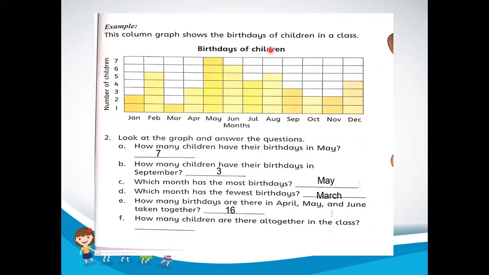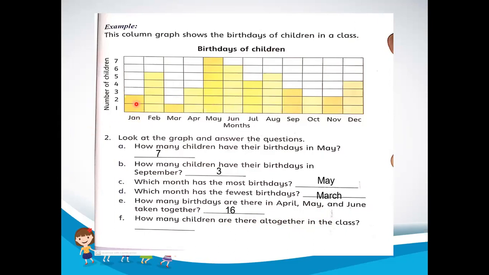Now, how many children are there altogether in the class? What we will do is add all the numbers of students in these months.